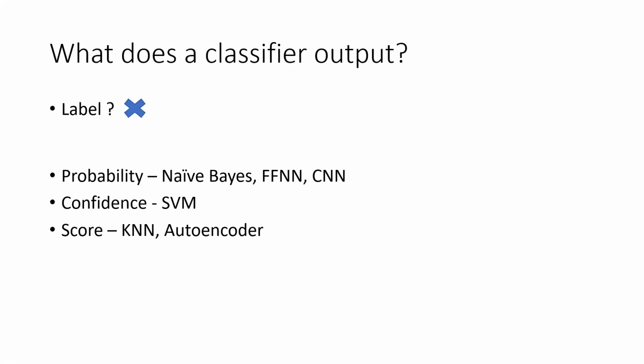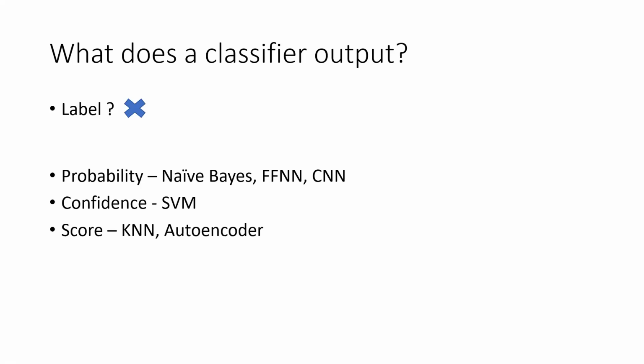So KNN, what does KNN give us? KNN gives us a distance. Based on that distance, you take a decision whether it belongs to class 1 or class 2 or whichever class. Or some of you may be using autoencoders. Autoencoders give you a reconstruction error. Even decision trees. So no classifier gives you a label.